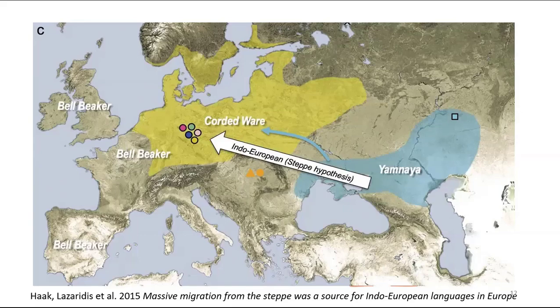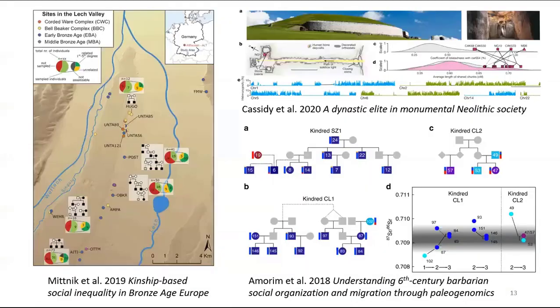Now, there are actually tens of thousands of ancient genomes available. And so now we start to have really dense sampling, and we're able to ask more focused questions about fine-scale social organization. So I'm just showing you a couple of studies here.